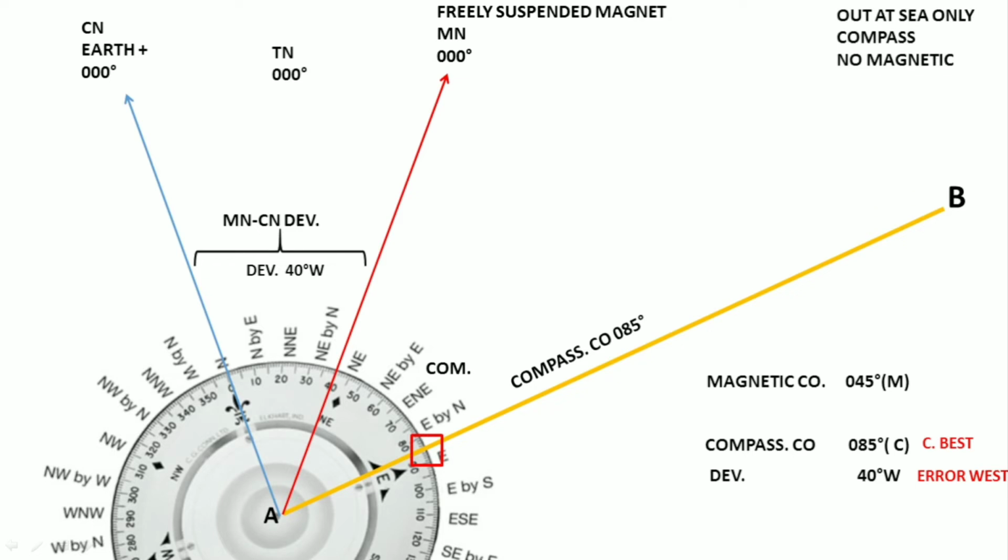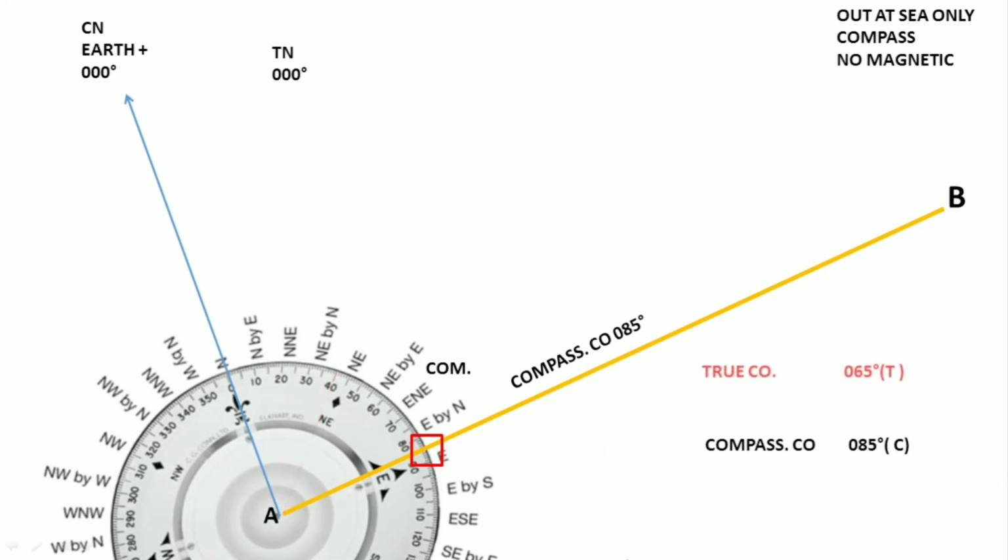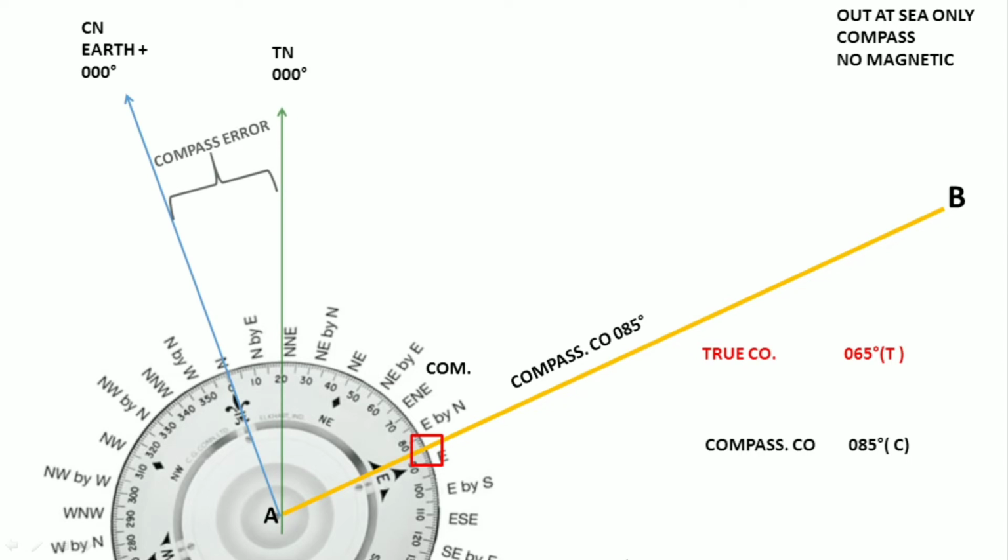As I said, out at sea, we do not have anything like magnetic north here. We'll only have true and the compass. The difference between true and the compass is called the compass error.